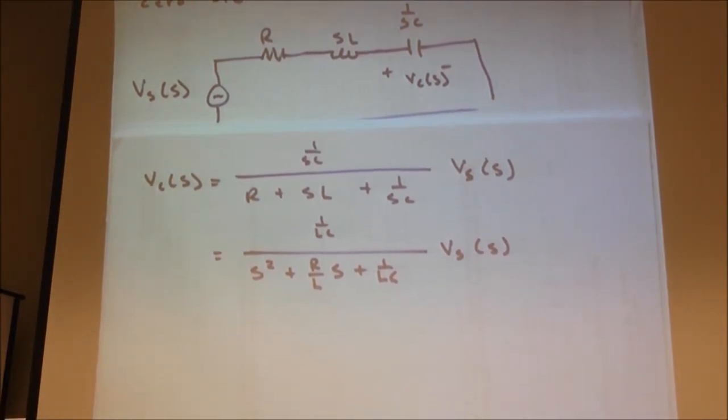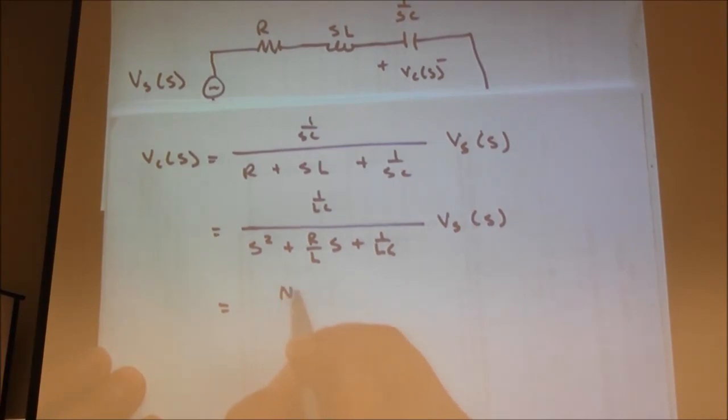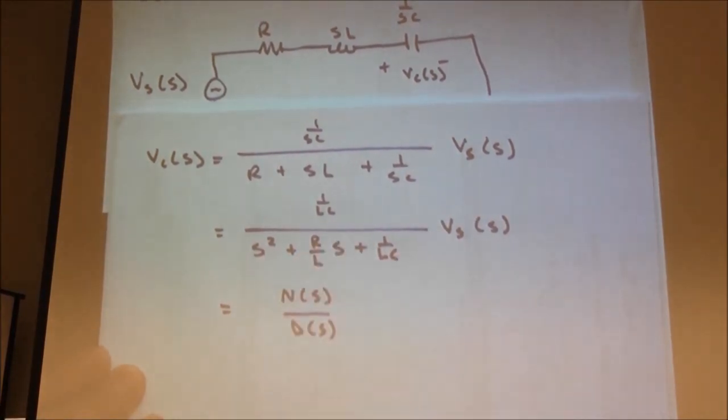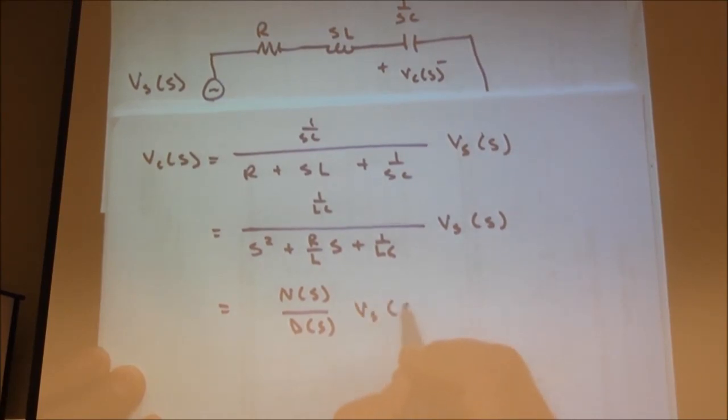Maybe you don't quite believe me, but you should prove to yourself that's the case. They are equivalent, and I'm fairly confident. If I take this, it winds up being N of S over D of S. They're polynomials, times V source of S.